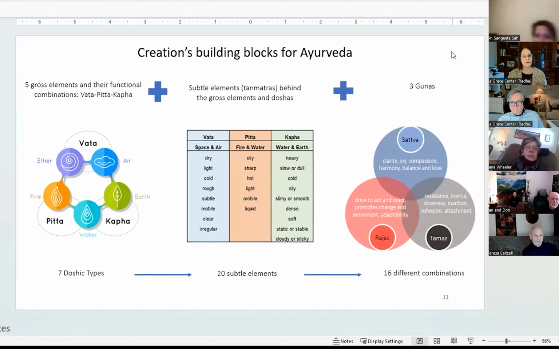And what they notice is that ether and air come together to support the movement of the body, the movement of air, the movement of nutrients, the movements of the muscles, and so on. With pitta and some water, it's more the digestive, the transformational, breaking food down, breaking thoughts and ideas down, right? And then earth and water for really building the health and the muscles of the organs and what have you.